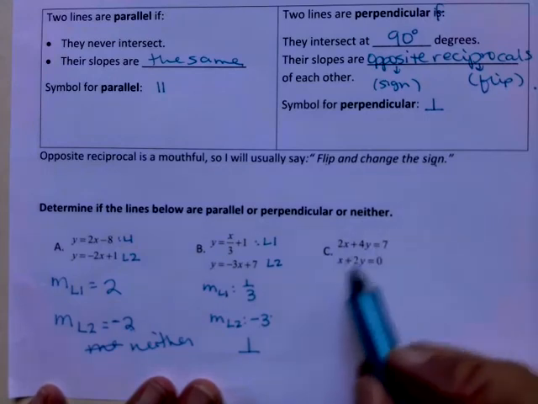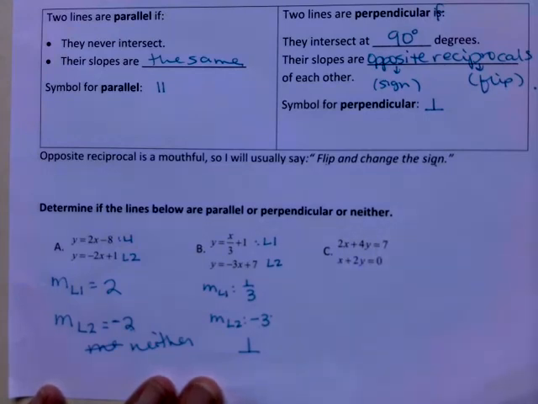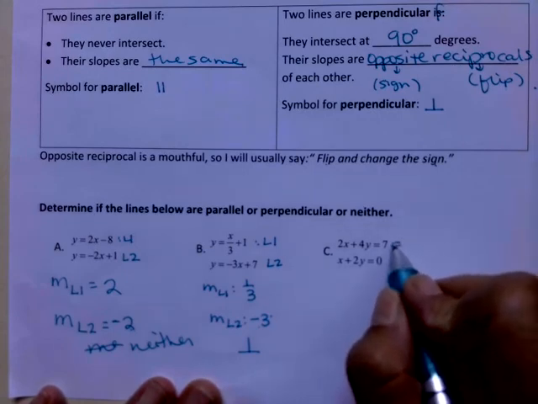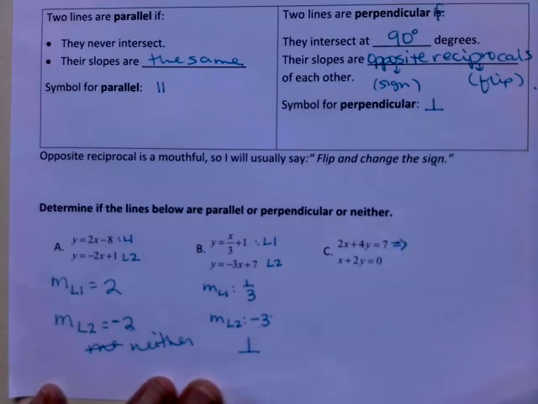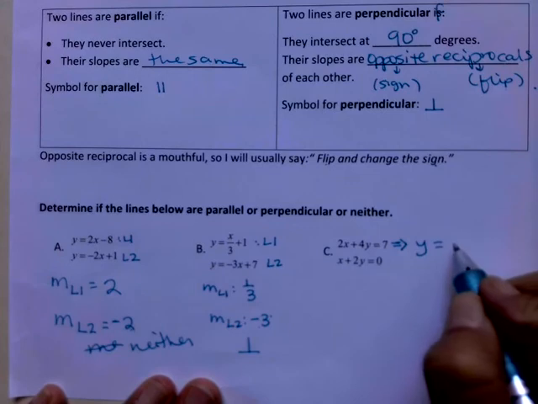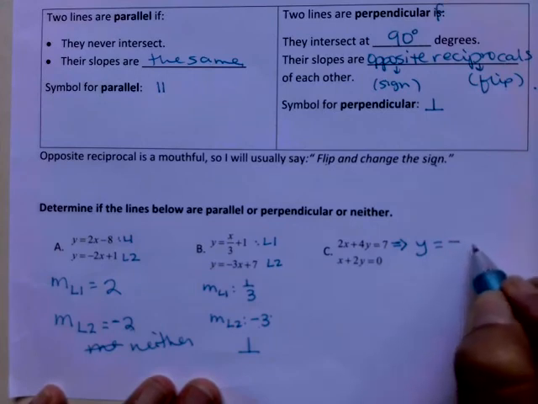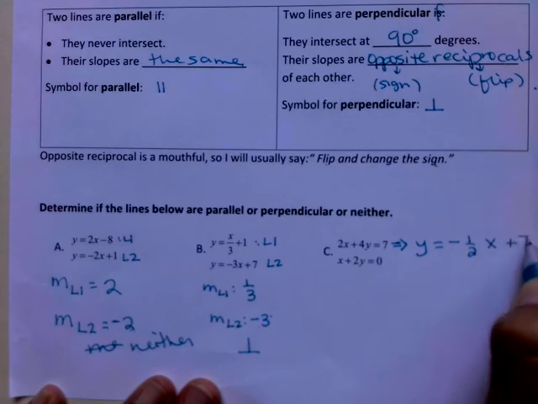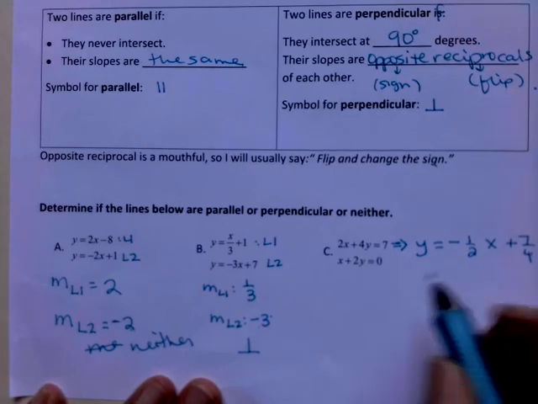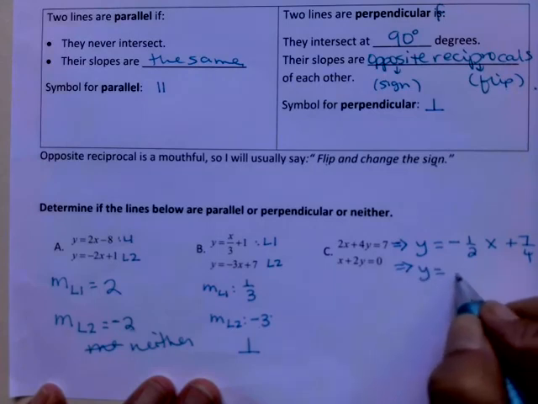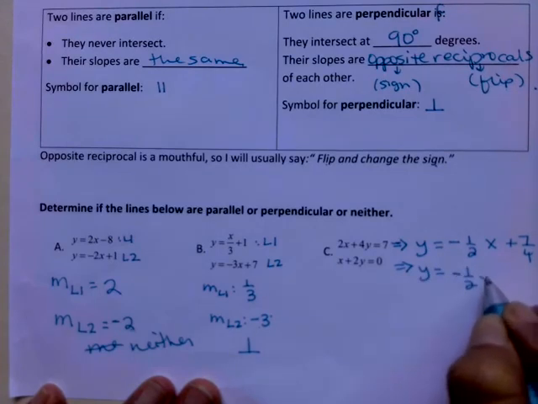And finally, before we can do C, we have to solve for y. So let's go ahead and do that. If you want to pause and do it by yourself, I'm going to do it in my head if that's okay, and I'll meet you at the bottom. So y equals negative 1/2 x plus 7/4. And for the second line, y equals negative 1/2 x.